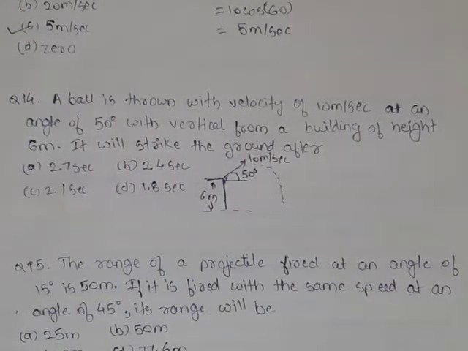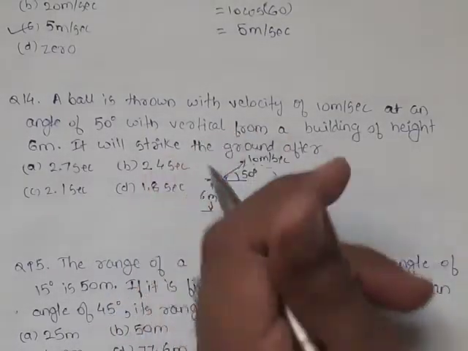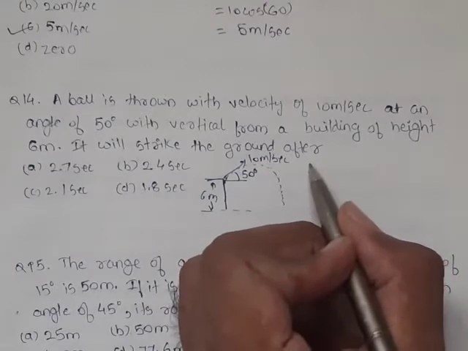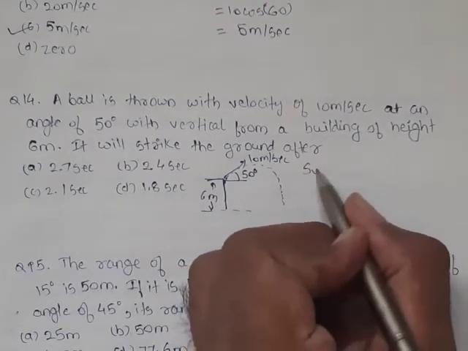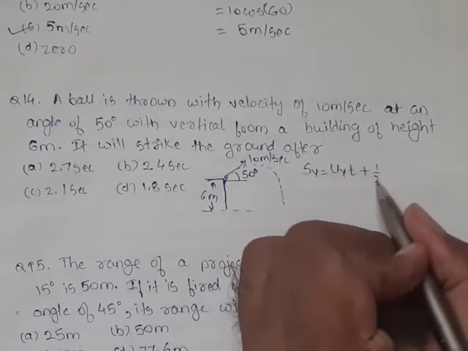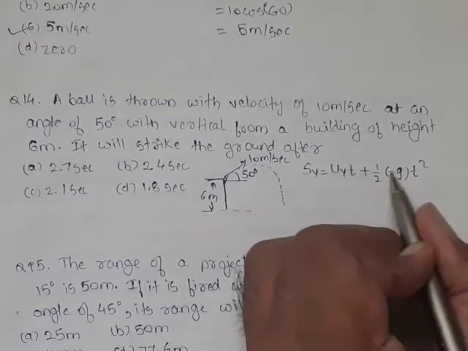Here we are using the second kinematical equation, s equals ut plus 1/2 at square. Since we are considering the y component of velocity, acceleration and displacement in the y direction, our equation becomes Sy equals uy t plus 1/2 into minus g t square.